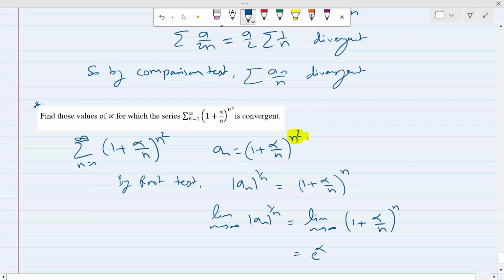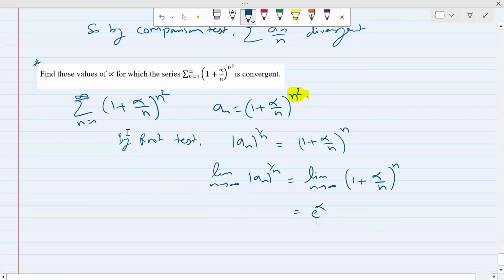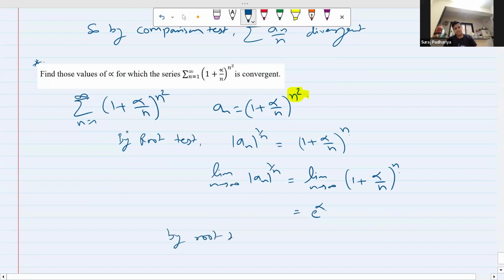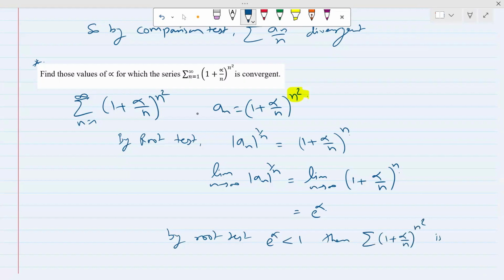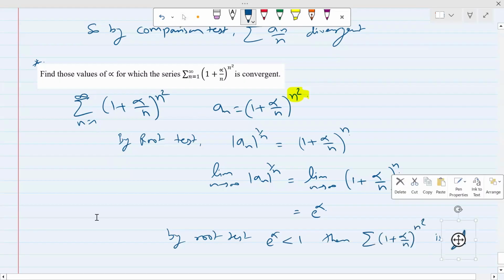So what do we know about the root test? If it is less than 1, the series converges. So if e to the power alpha is less than 1, then the series is converging.